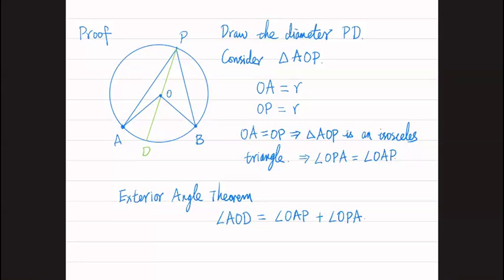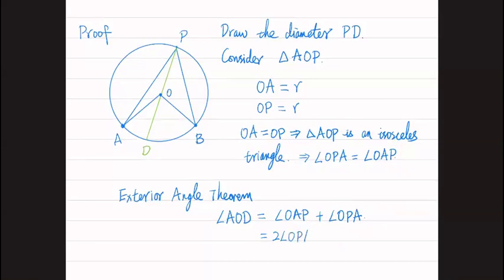But we already showed these two angles are the same. So it will be twice of this one: angle AOD equals twice OAP, OPA, because the two angles are the same.